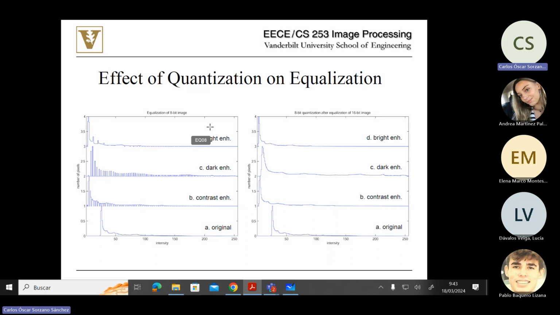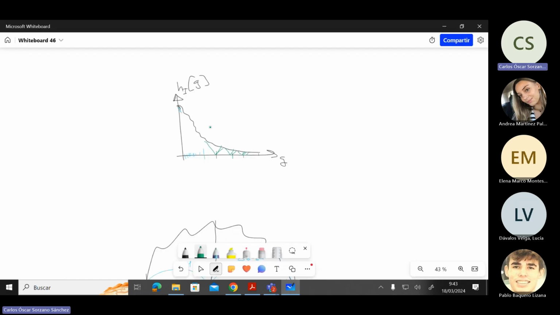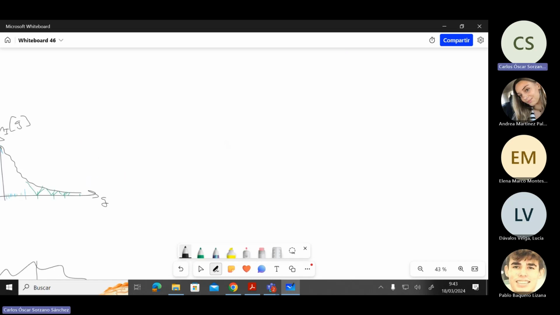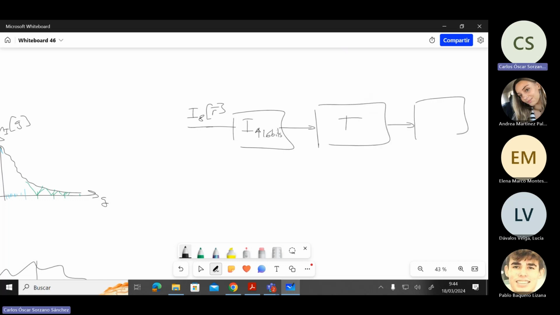So this is a general approach to processing. You have an image, so let's say that you have an image with 8 bits. Now you do your transformation. And you come back.